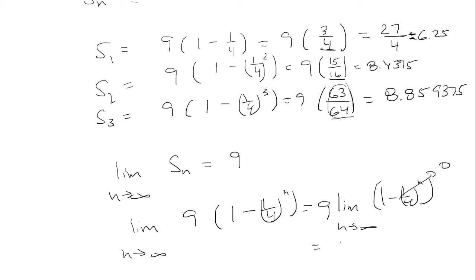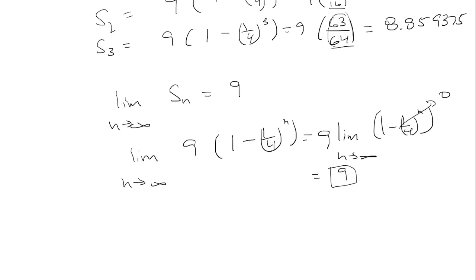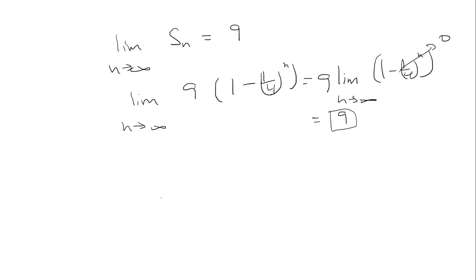So this is really 9 times the limit as n approaches infinity of 1, which is just 1. So 9 times 1 is 9. This is going to be the infinite sum of our series.